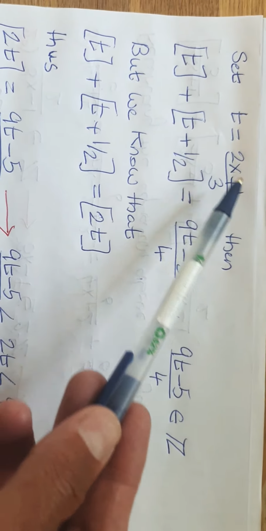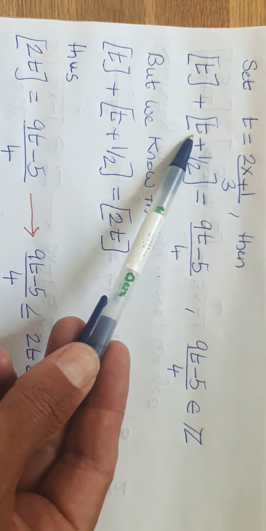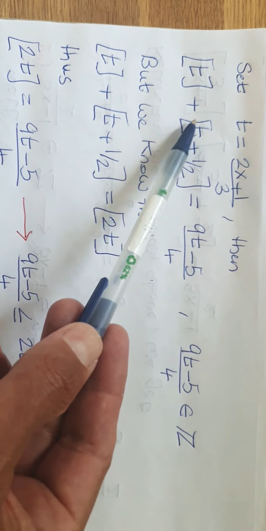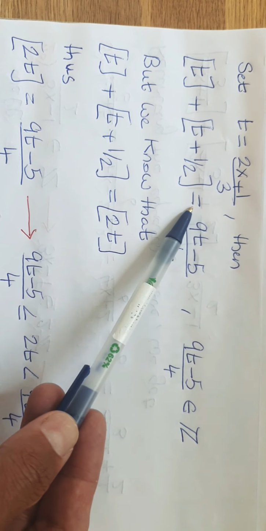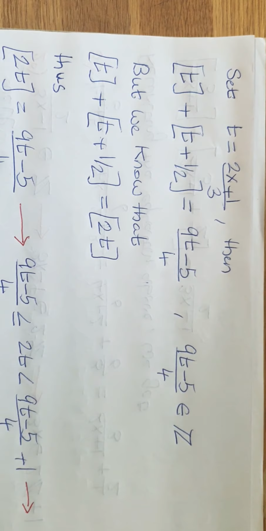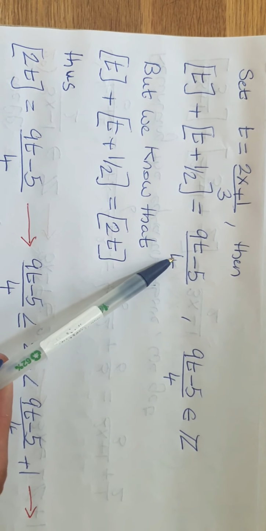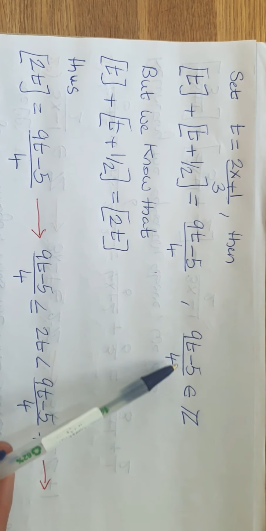So t equals (2x plus 1) divided by 3, and then I substitute in the equation, so I get the integer part of t plus the integer part of t plus a half is equal to, with the right-hand side written in t being (9t minus 5) divided by 4, which is obviously an integer as well.